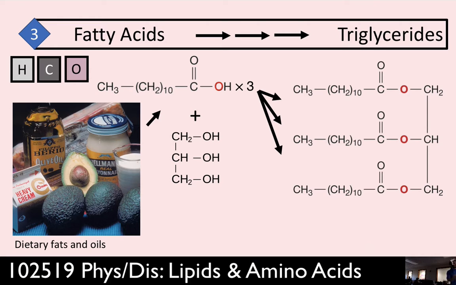The electrons that were in the bond between the oxygen and the hydrogen move over to that oxygen and form the carboxylate group, this anionic group where the oxygen is negative and a proton has been donated.